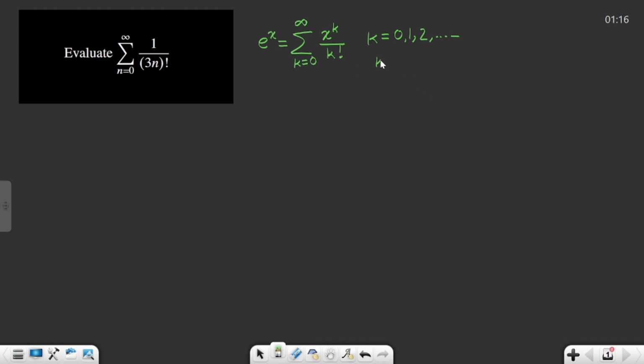That means k may be equal to 3n. Or we can get 1 as the remainder, so k may be equal to 3n plus 1. And our last possibility is, if we divide k by 3, we get 2 as the remainder. So k may be equal to 3n plus 2. These three are the possibilities, right?